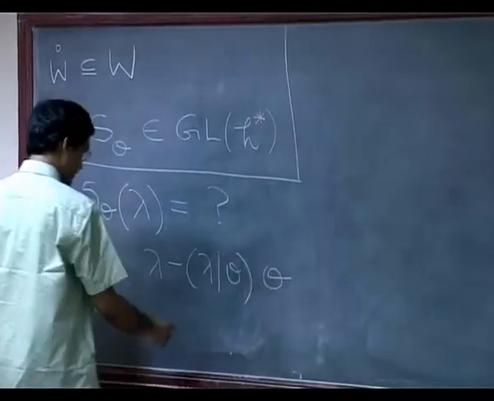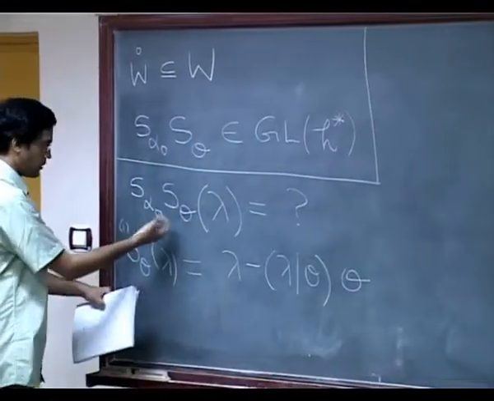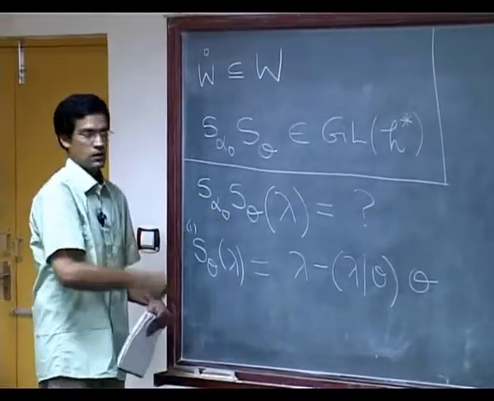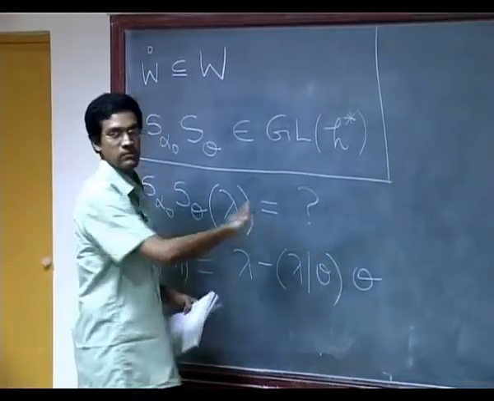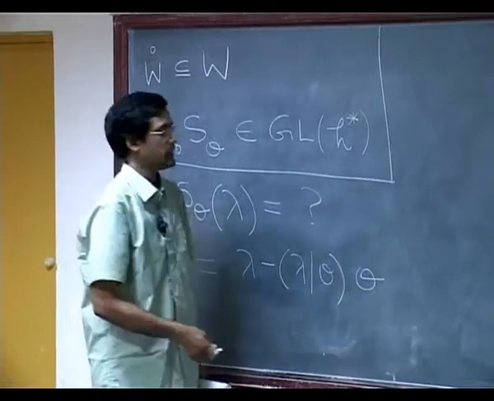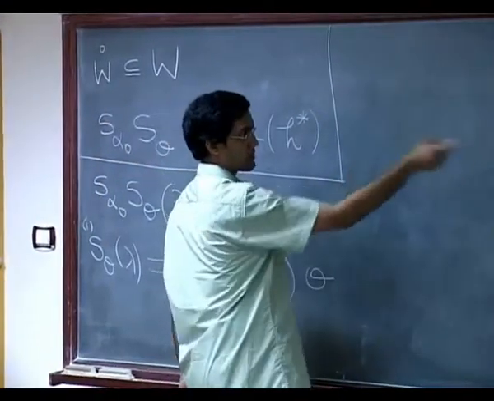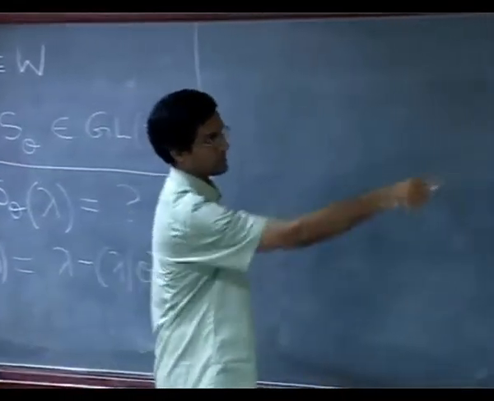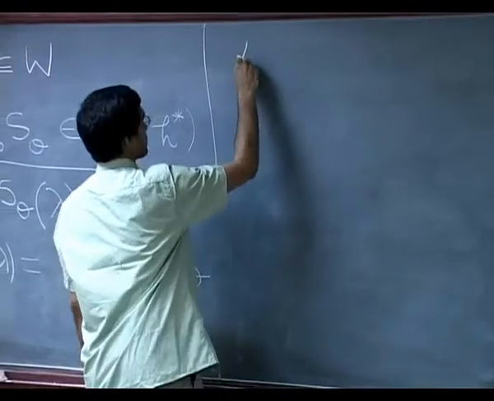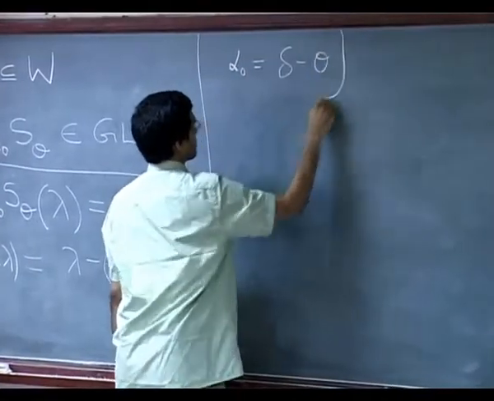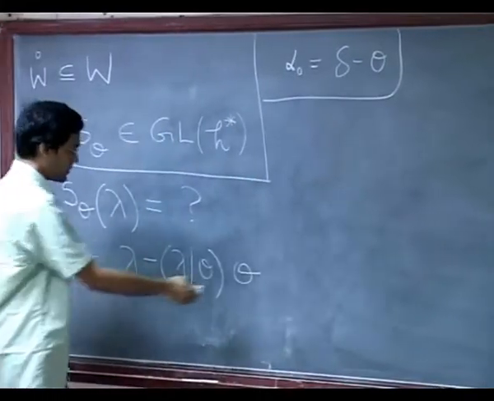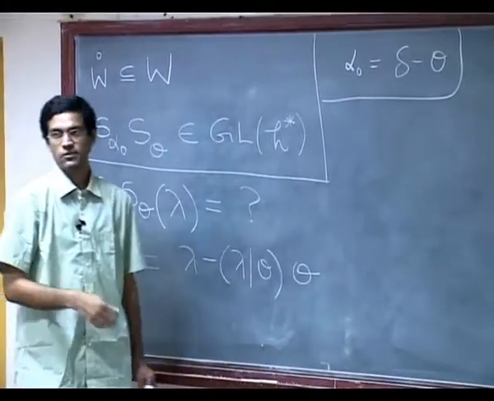Now I want to hit it with an S alpha naught, so I will convert. I will keep going between theta and alpha naught according to convenience. Remember the relation between these two things is what is written there: alpha naught is delta minus theta. So, I will replace theta here by delta minus alpha naught.